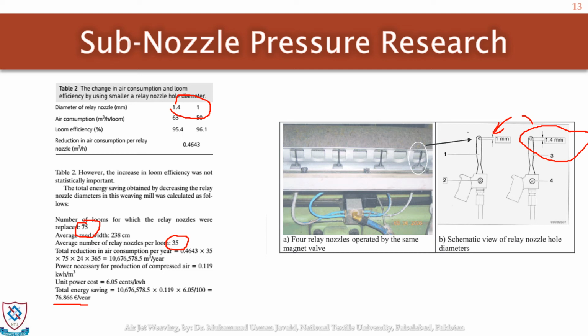So whenever somebody is using air jet weaving, he must assure optimum use of air so that the cost of production is controlled, not costly, and is an efficient use of air, so that cost does not go very high.